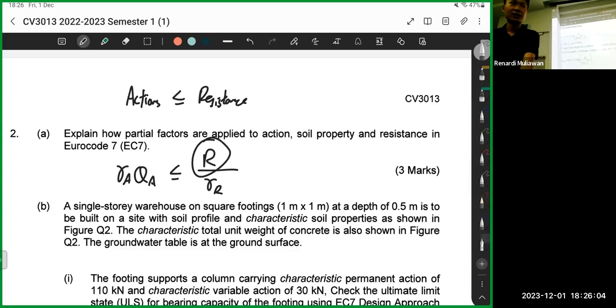Then this resistance is actually a function of your materials. So usually you put a bracket here. I think materials, they use the symbol X, yeah. So X divided by gamma X. Done. Okay, that's how you represent your answer.